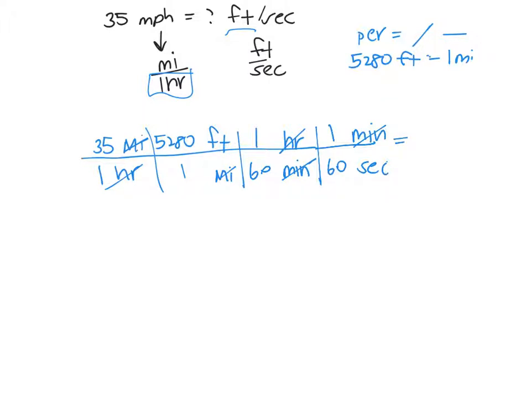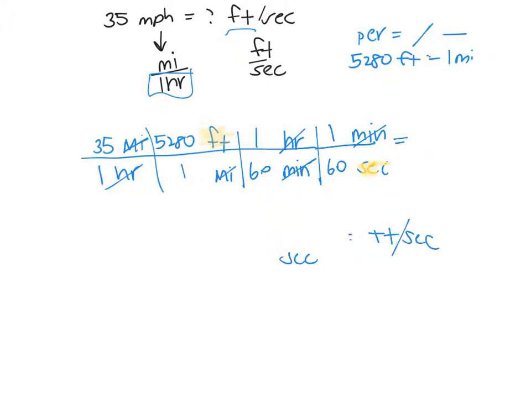Now what I want you to notice here is the only two units not crossed out are feet and seconds. The way that you would write that is feet over second, which again is equal to feet per second. So that's what you do with these units.